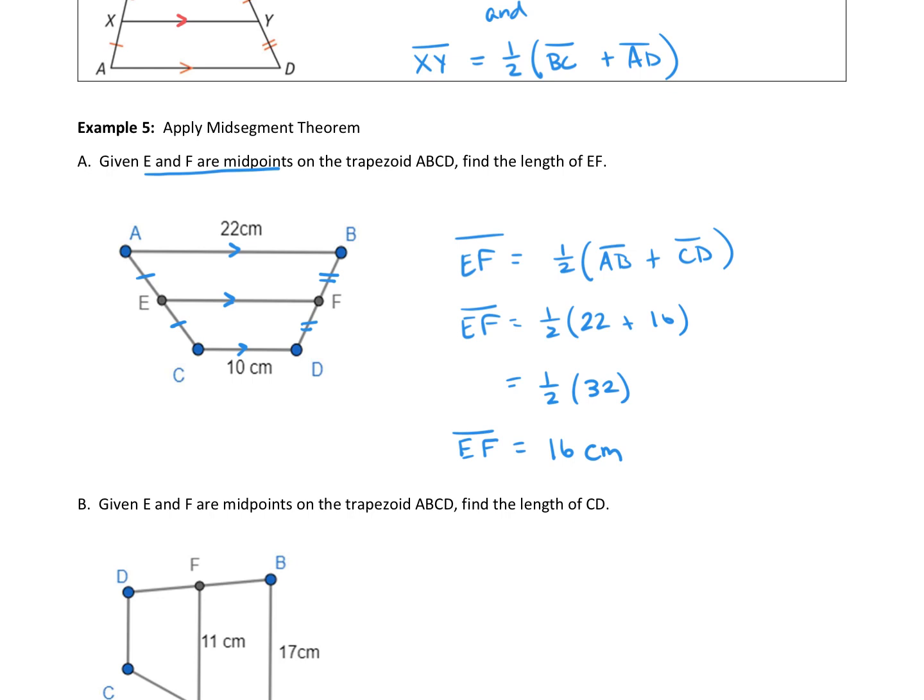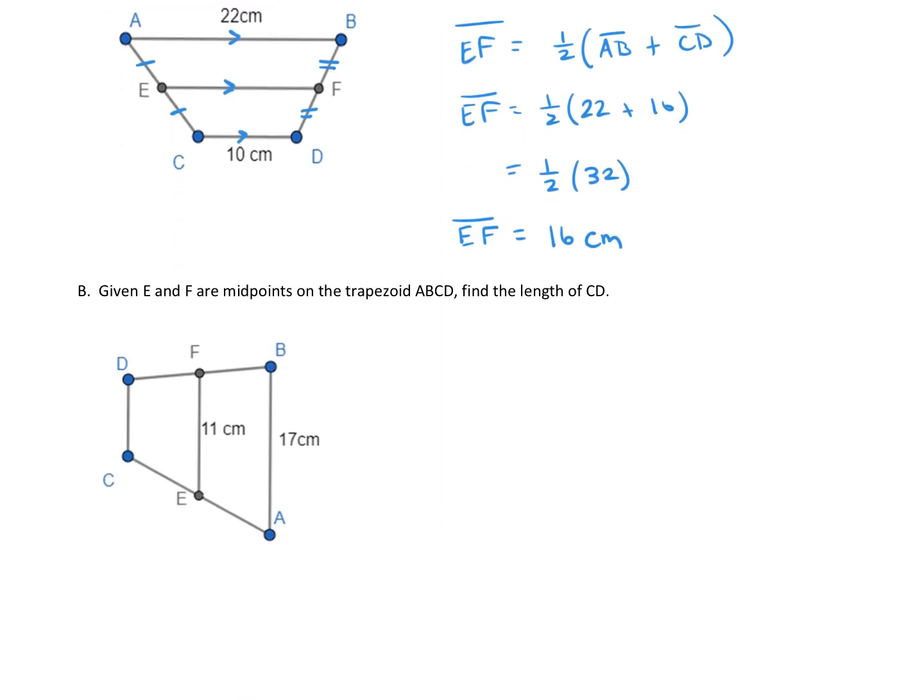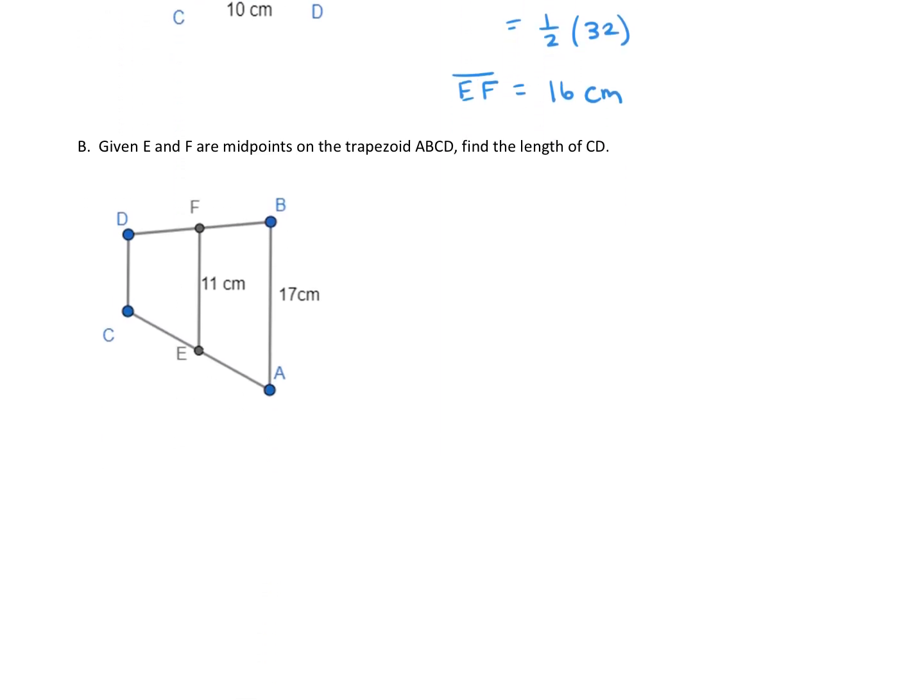All right, so one last example, part B. So we're given E and F are midpoints on the trapezoid again. So if F is a midpoint, we've got those two congruent sides. If E is a midpoint, we have these two congruent sides. So this is a trapezoid that's been turned on its side, so it might look a little bit different.